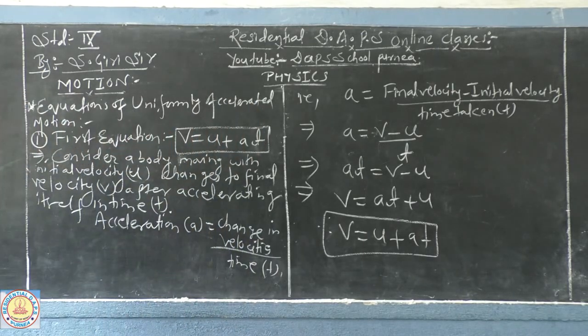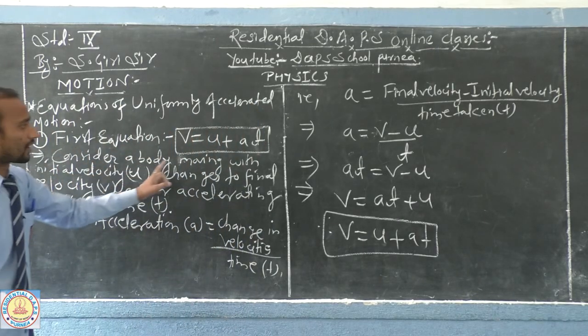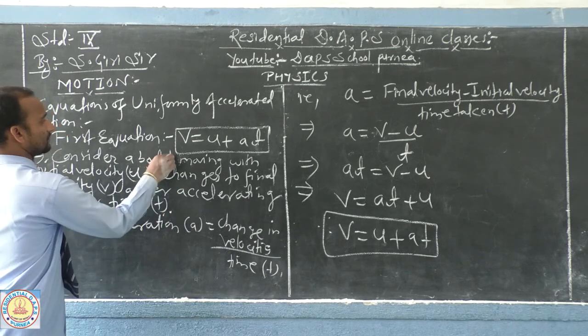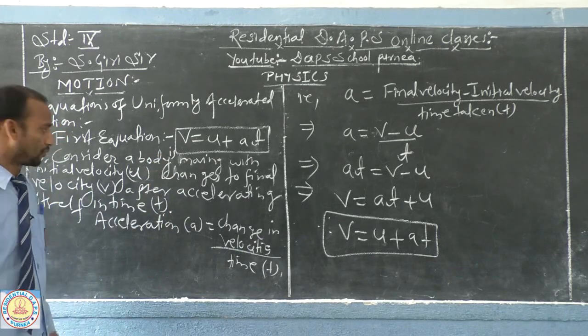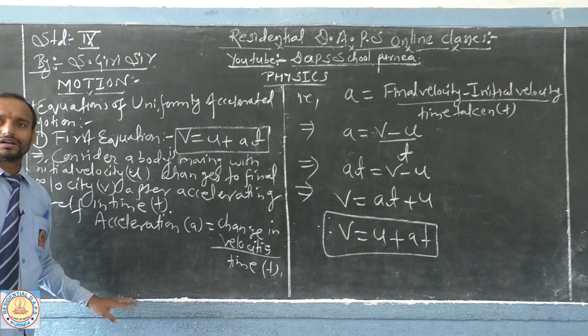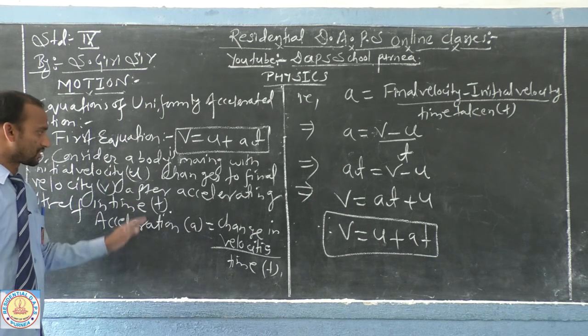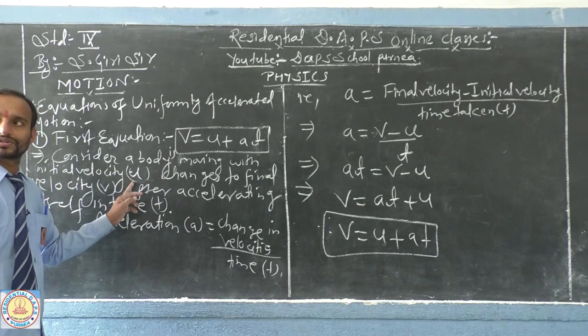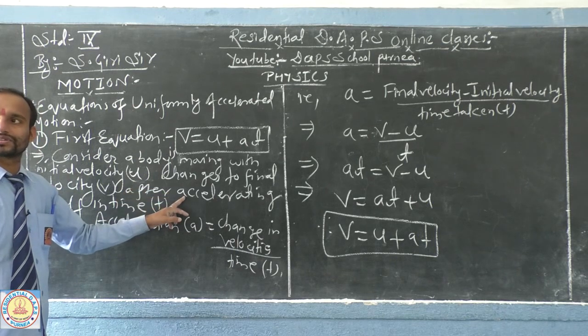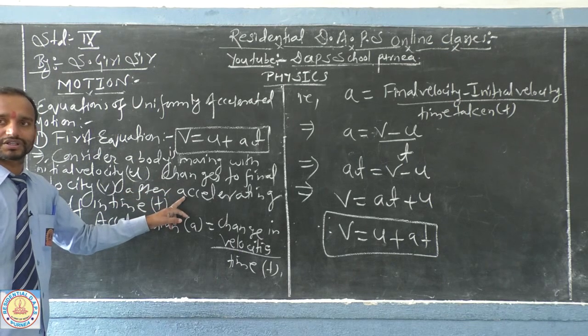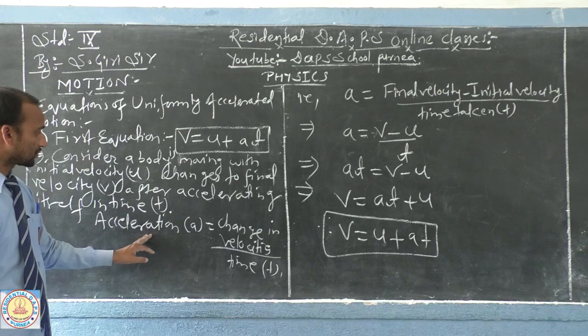Let me repeat it simply. Consider a body moving with initial velocity u, and after certain forces are applied, the velocity u changes to the final velocity v in time t. Then how to calculate?